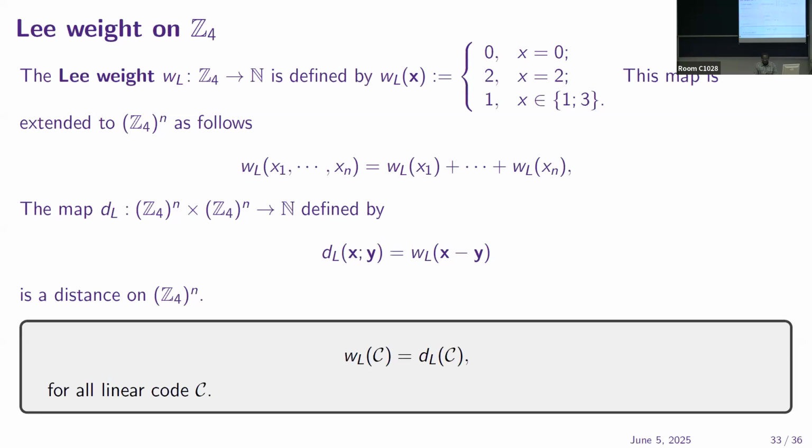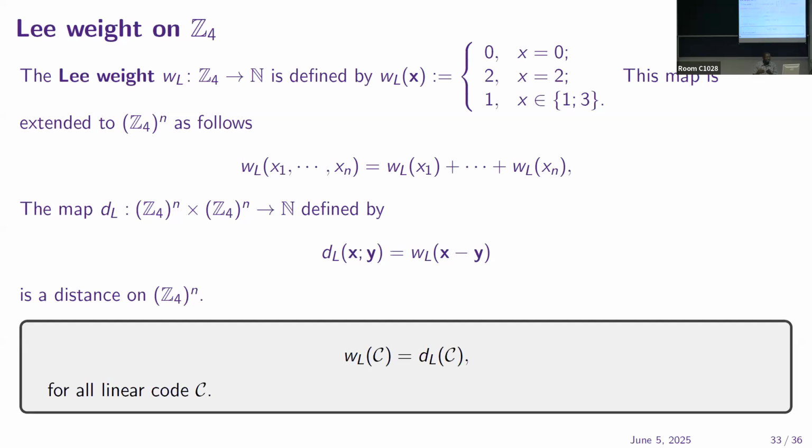In 1994, Hammons, Kumar, Calderbank, Sloane and Solé used this metric to prove that the Kerdock code and the Preparata code are Gray images of linear codes over Z4.